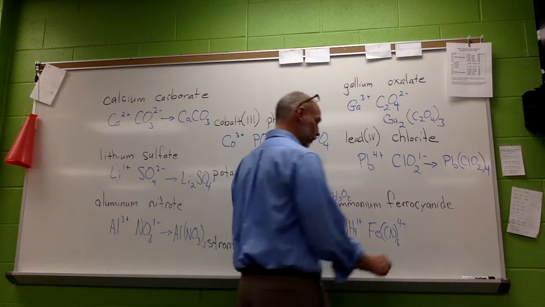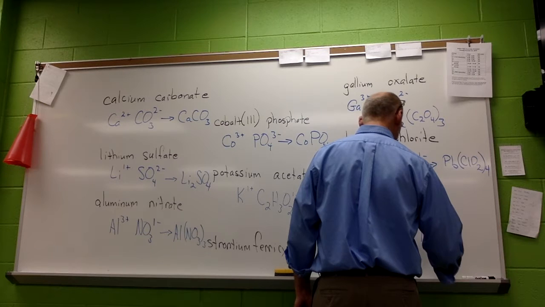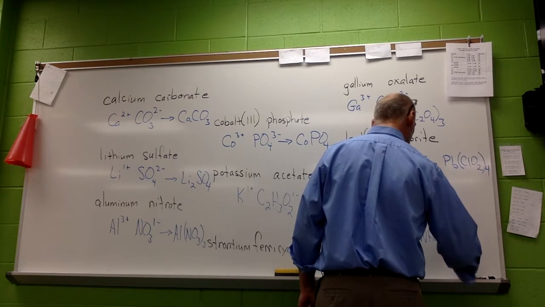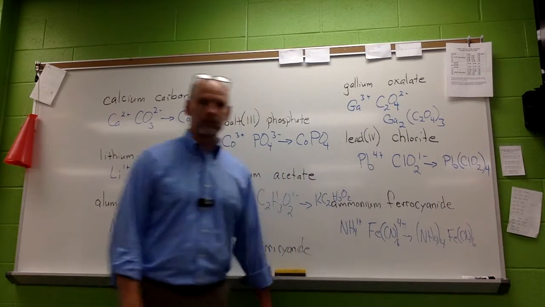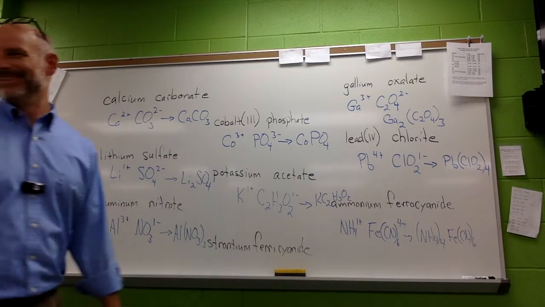Lowest common multiple is 4. So we write NH4 taken 4 times, Fe(CN) taken 6 times. Is that 8? 8 for 8. Oh, look at this go. We lost another one. Well, it's okay.